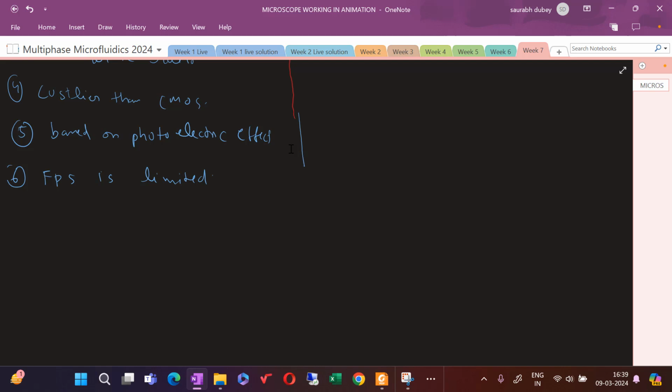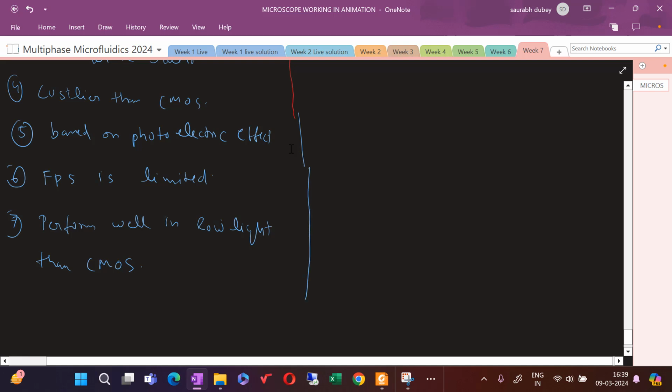Especially in low light, the CCD camera is known to perform better than the CMOS. So CCD performs well in low light than CMOS.